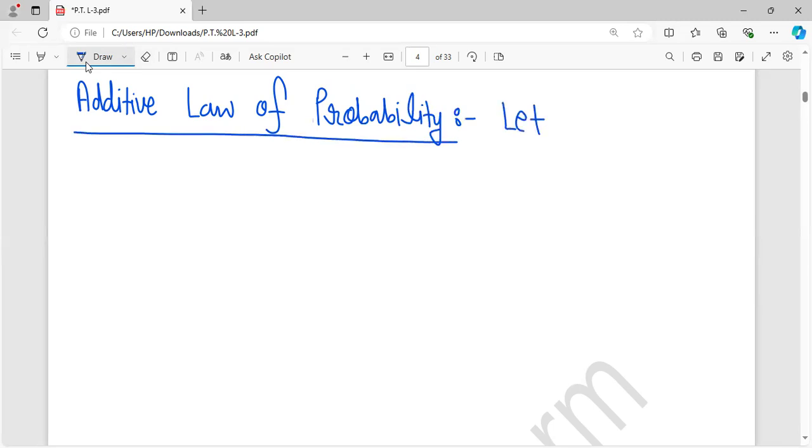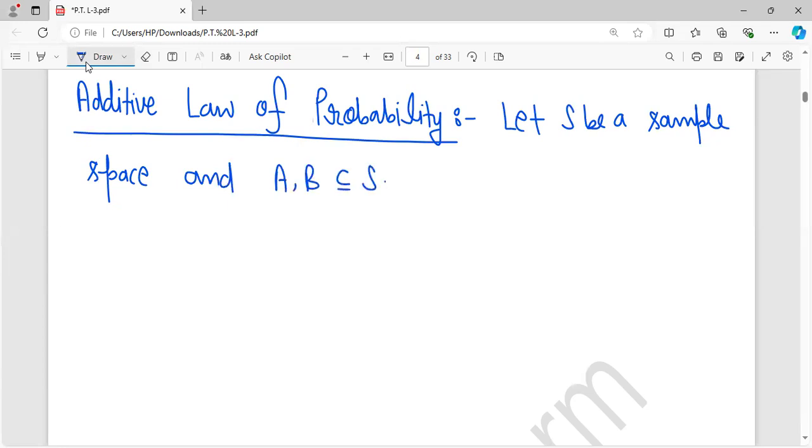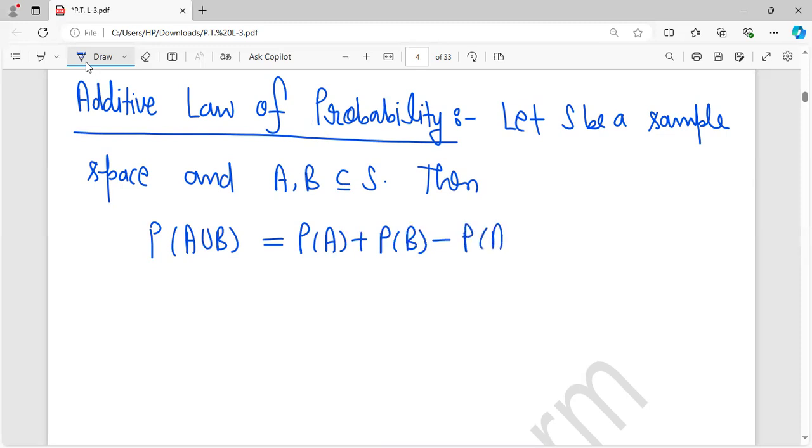Let S be a sample space and A, B are events. Okay. Then probability of A union B is equal to probability of A plus probability of B minus probability of A intersection B. So let's prove it.